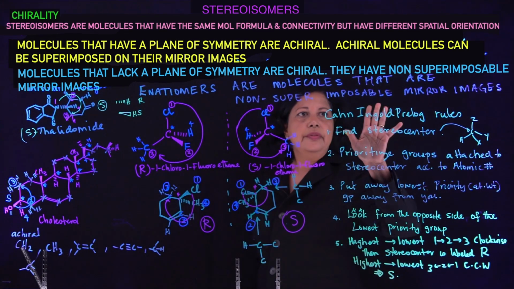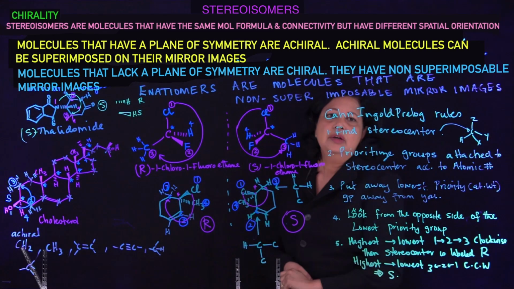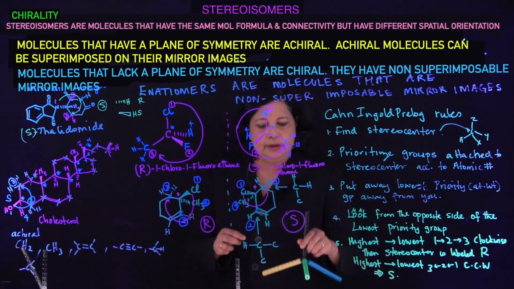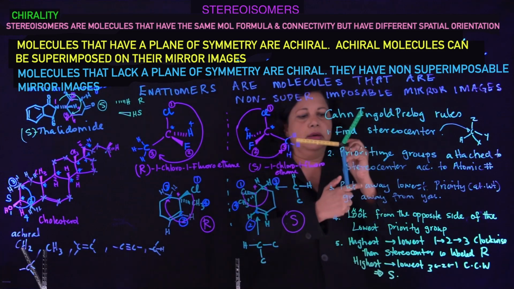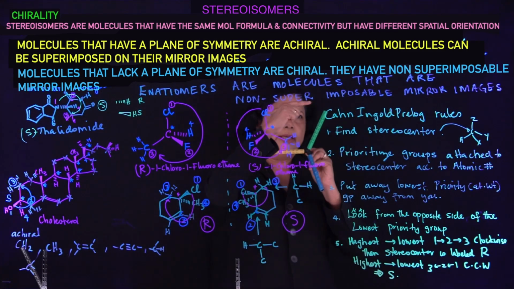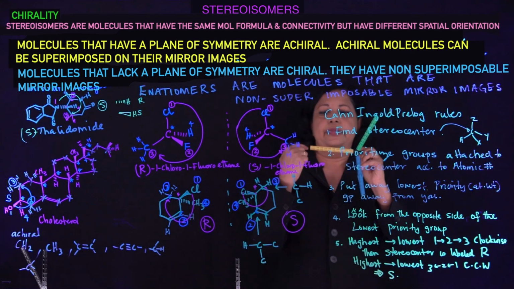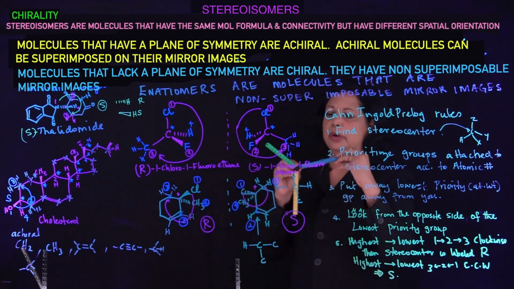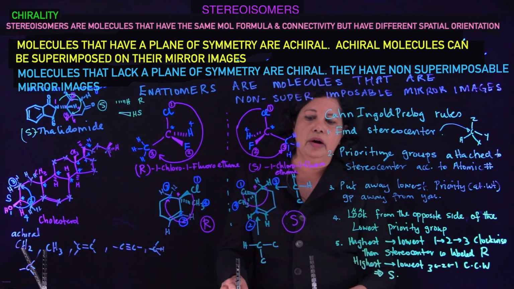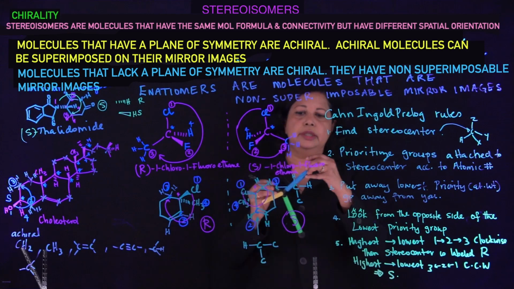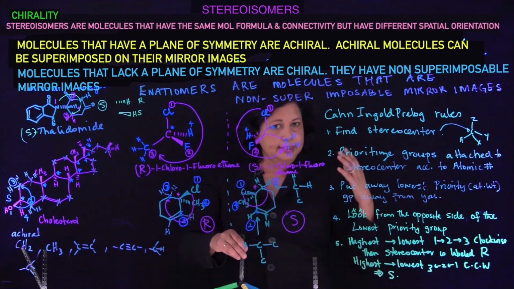So we use the CIP rules for that, which is: find the stereocenter, assign the groups according to the atomic weight of the atom that's attached. And then if the high priority to low priority goes counterclockwise, that's S. If high priority to low priority goes clockwise, that's R.